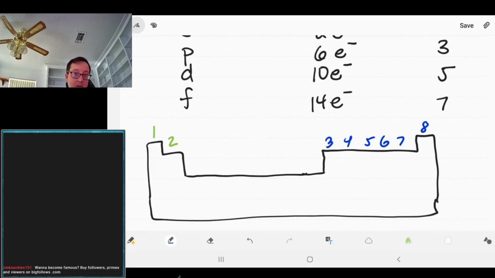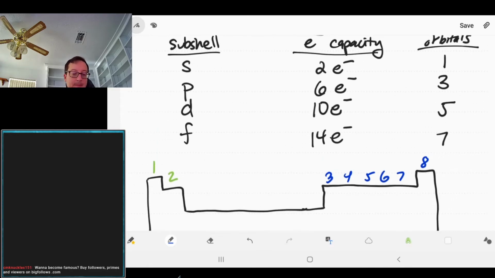Well, if we count them up, we have 2 columns there on the left. We have 6 columns there on the right. How interesting. That seems to correspond with the numbers we have for s and p subshells.